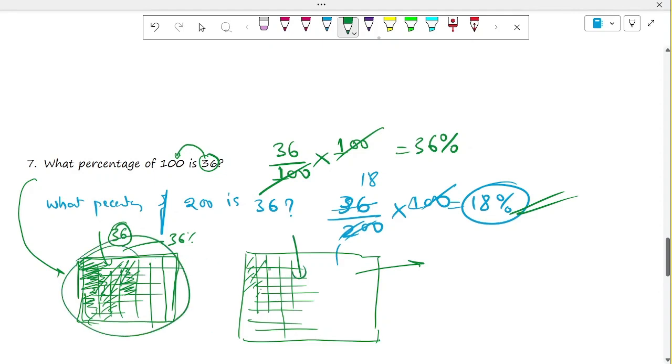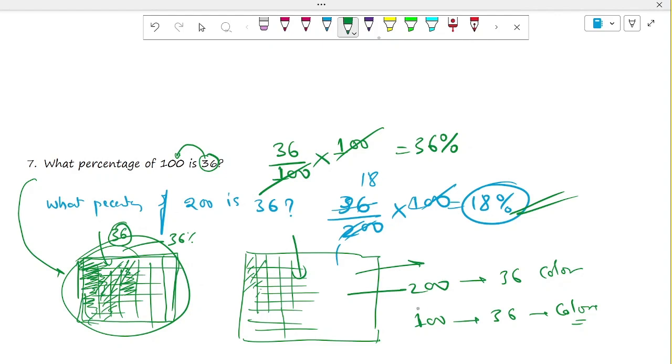You understand? There are 200, and from 200, 36 of them are colored, and there are 100 and 36 of them are colored. So here the bigger number is actually 36 divided by 100 compared to 36 divided by 200.